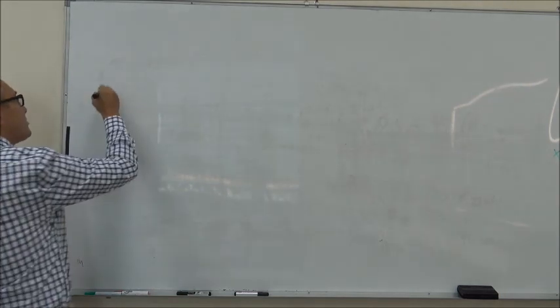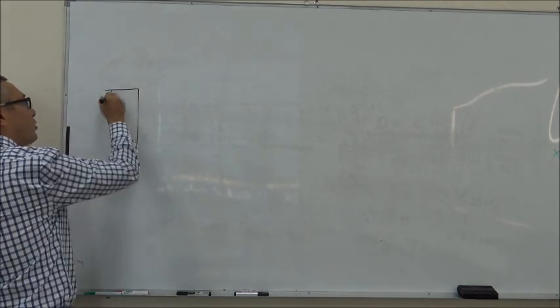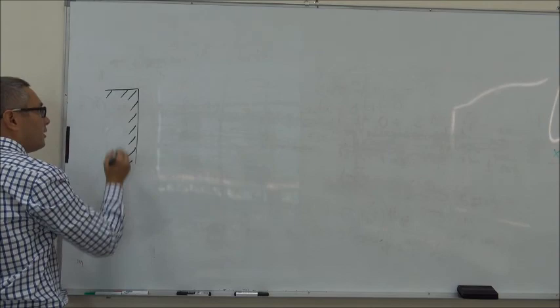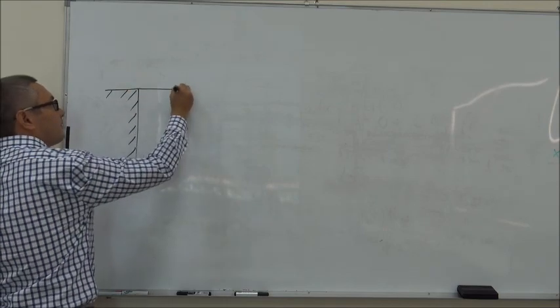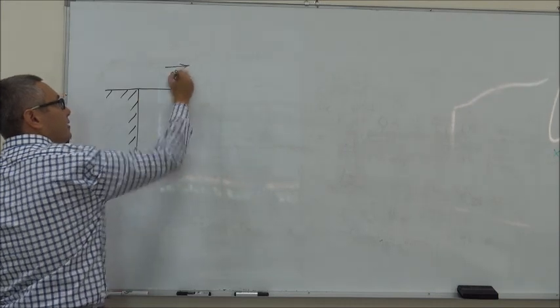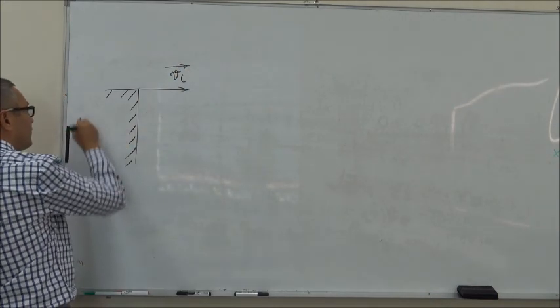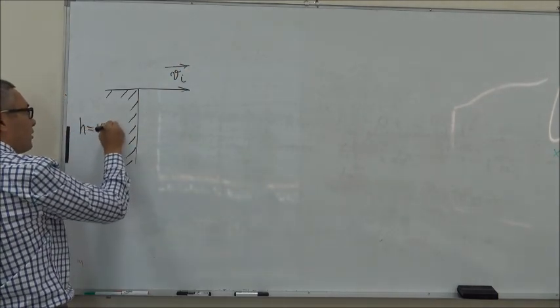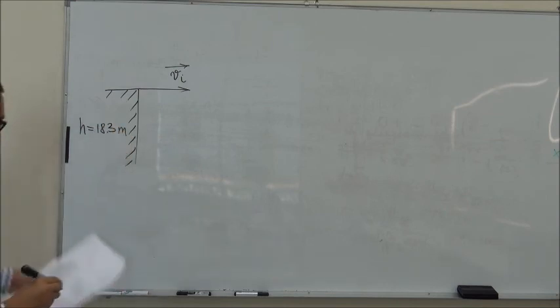In this exercise, we have a ball which is thrown exactly horizontally. So the initial velocity is exactly horizontal from a height h of 18.3 meters.